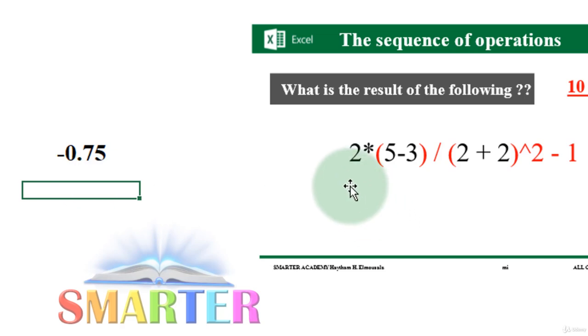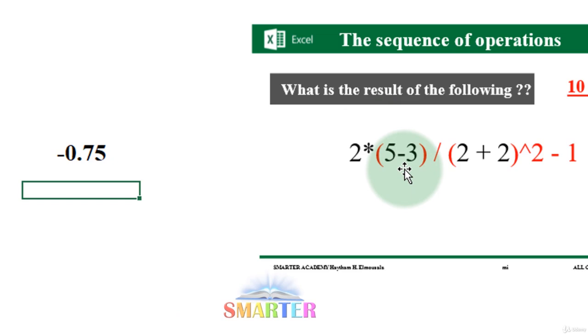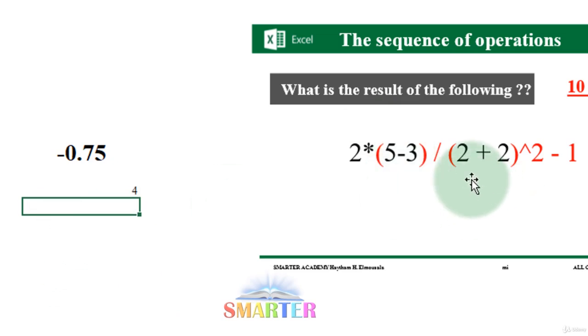Okay, let's track the execution of this equation step by step. Parentheses give priority to the subtraction operation. So 5 minus 3 is the first thing, multiplied by 2. So the result will be 4. This is about the first term on the left hand side. After that, parentheses give priority to 2 plus 2.